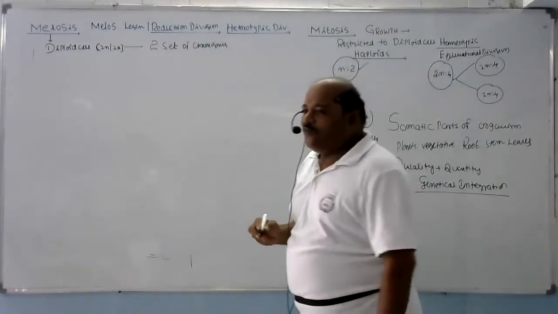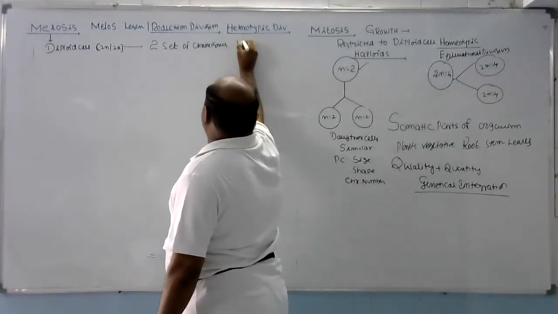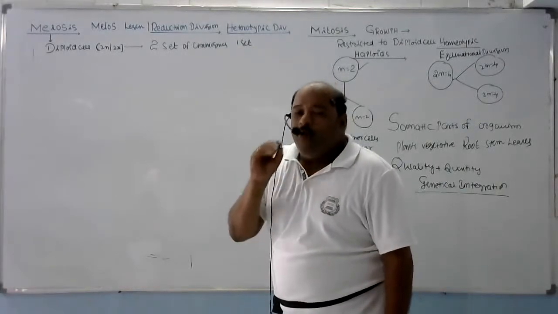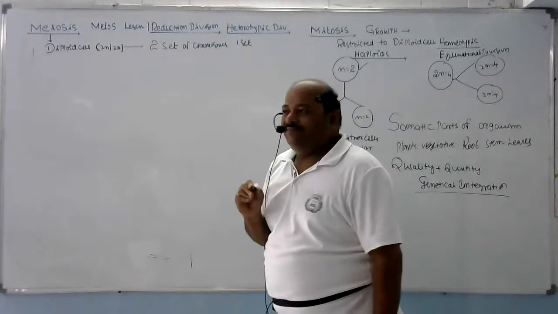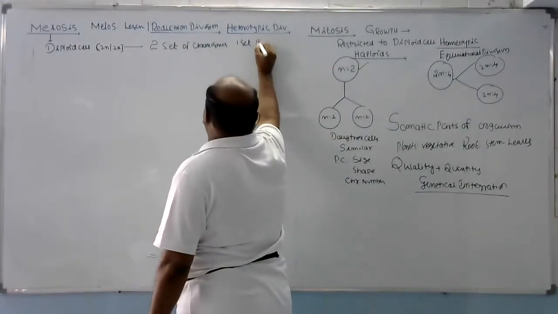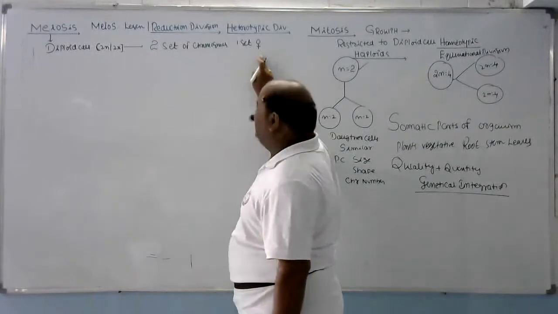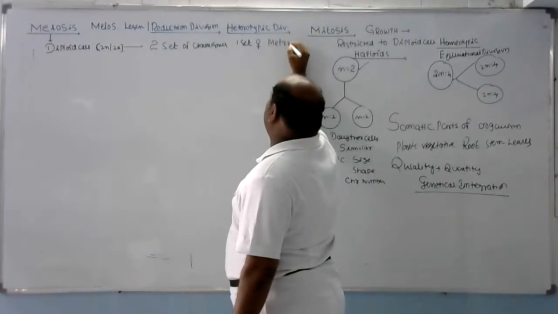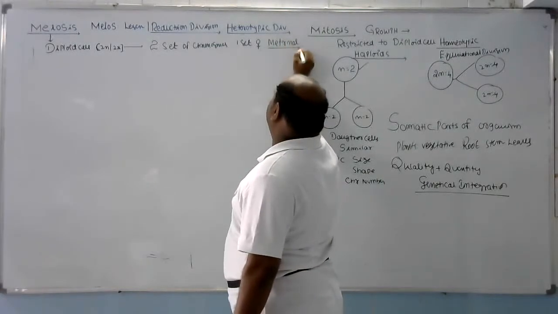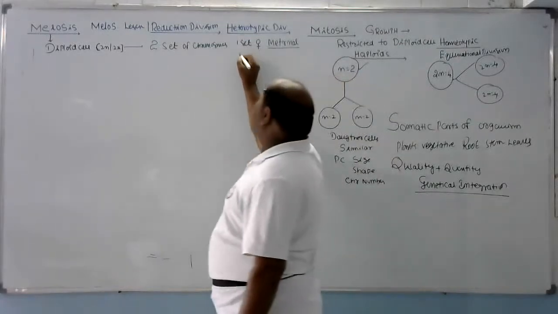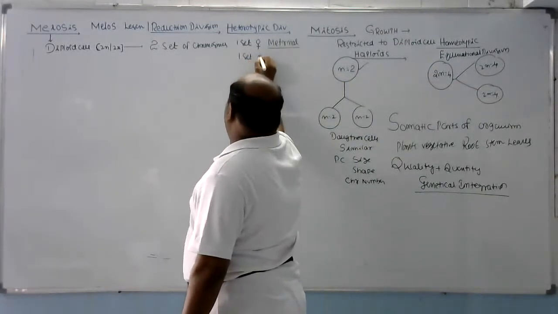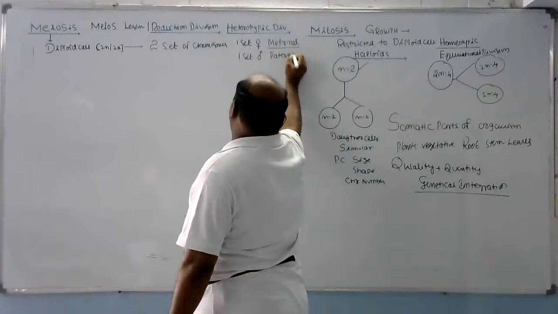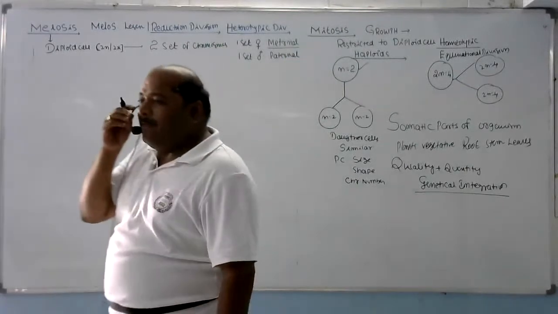Out of these 2 sets, one set is concerned with the mother, this is the female symbol basically. That one set is called maternal chromosomes. The other set is concerned with the male, and that is called paternal.